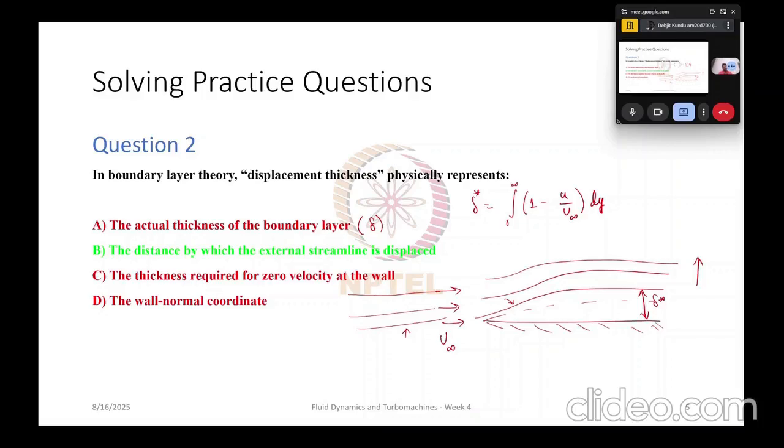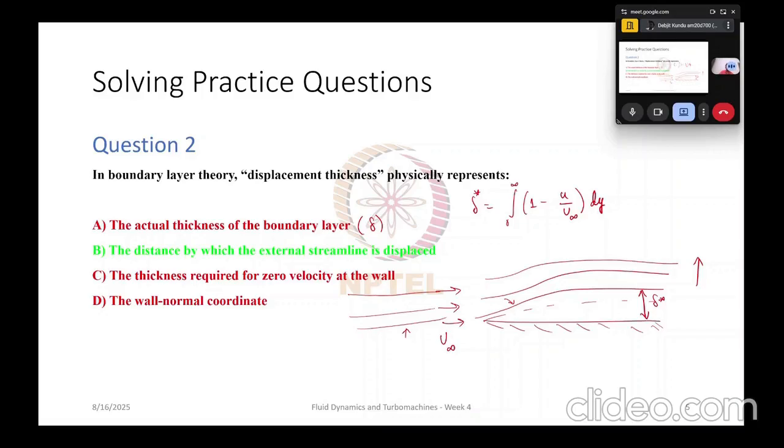the flow gradients, velocity gradients within the boundary layer. We do not have to consider in that region outside the displacement thickness.